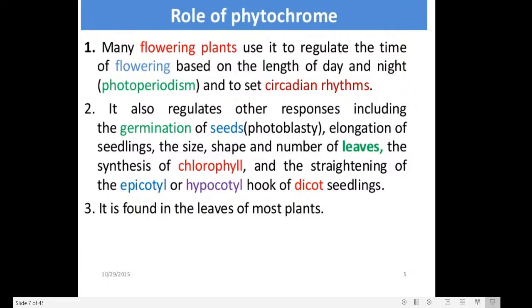It is due to the length of the day and night period that the plant produces flowers.